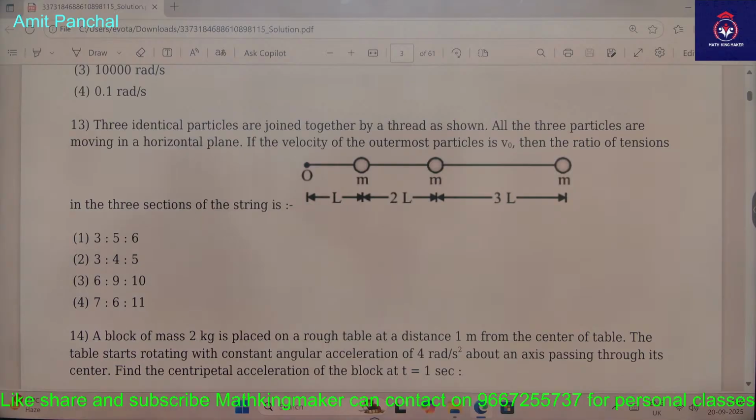They are moving in a horizontal plane. It is not a circular motion. See, the velocity of the entire system must be same, isn't it? Ratio of tension in the three sections of the string.